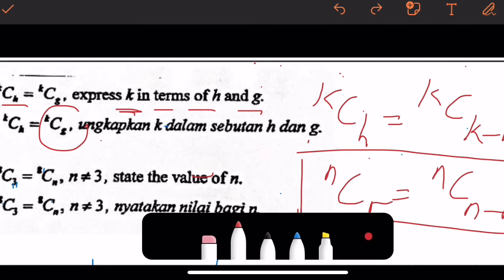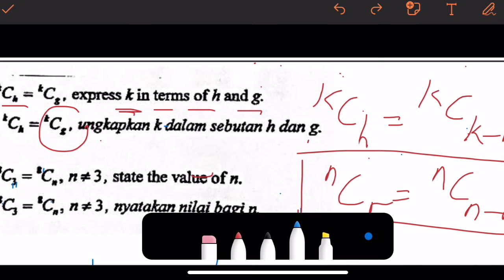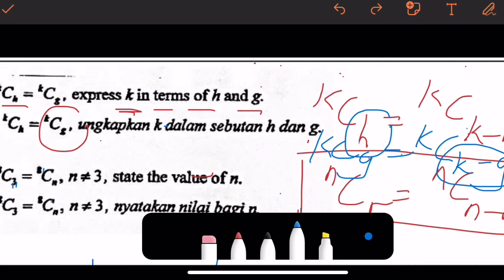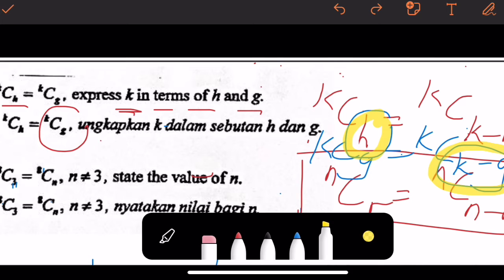KCG is equal to KC(K minus G). Then we look at this one and this one. I'll use a highlighter. These two we make the same because both are equivalent.